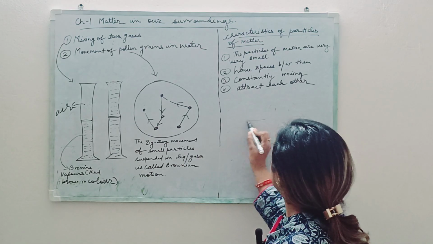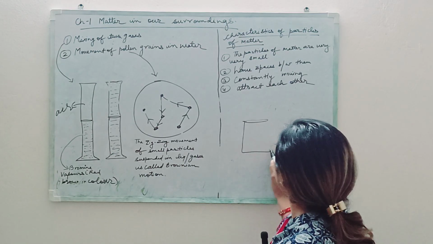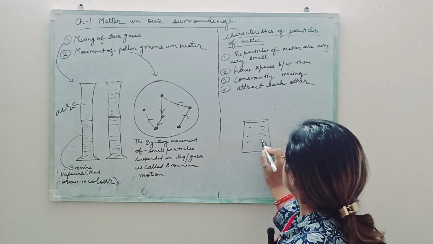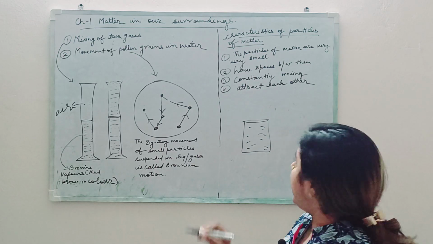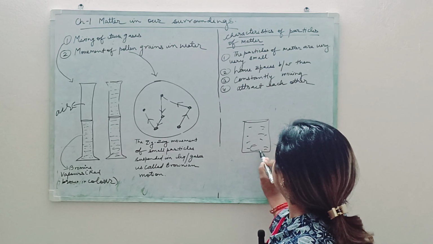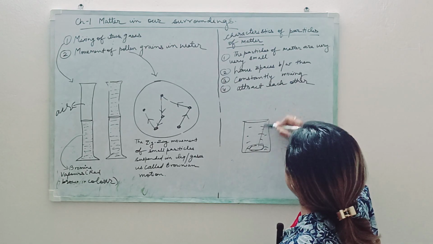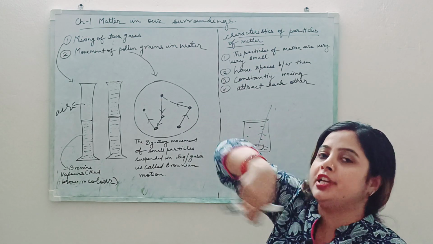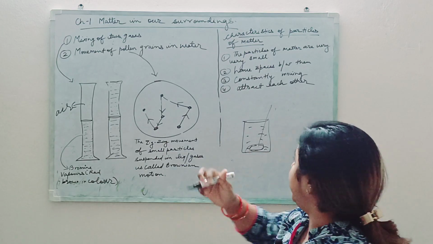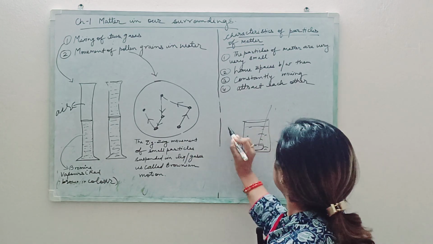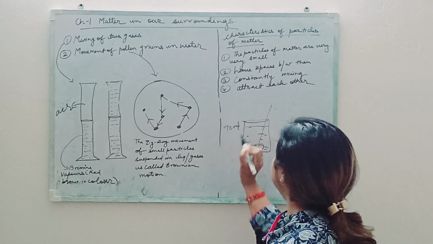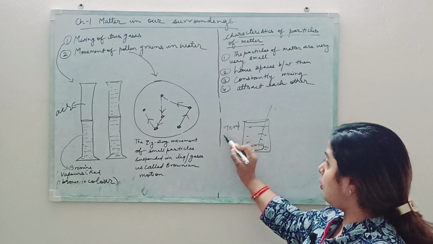Suppose you took a beaker with water, and then you pour in crystals of sugar and start stirring with a glass rod. Suppose you took 90 ml of liquid. Just note the volume, 90 ml.